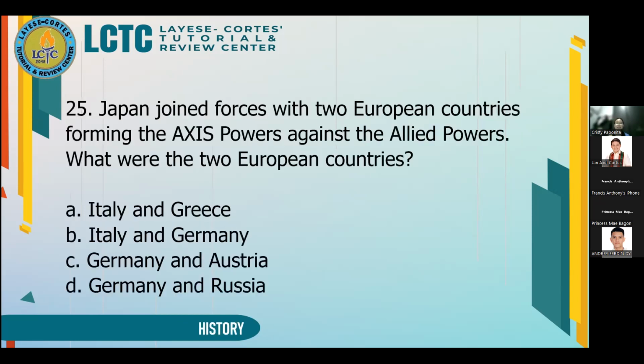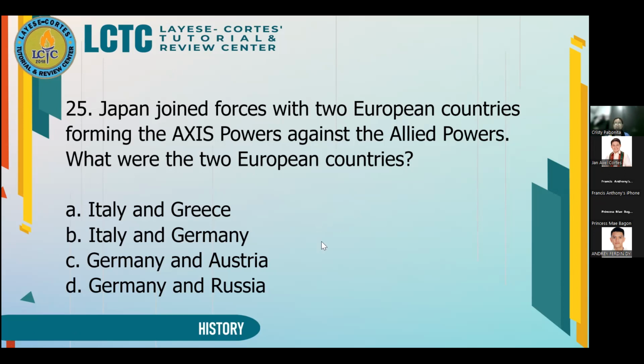So history. Japan joined forces with two European countries forming the Axis powers during the World War against the Allied powers. So what were the two European countries that joined Japan? If you're familiar. Germany and Russia, letter D. I don't know.